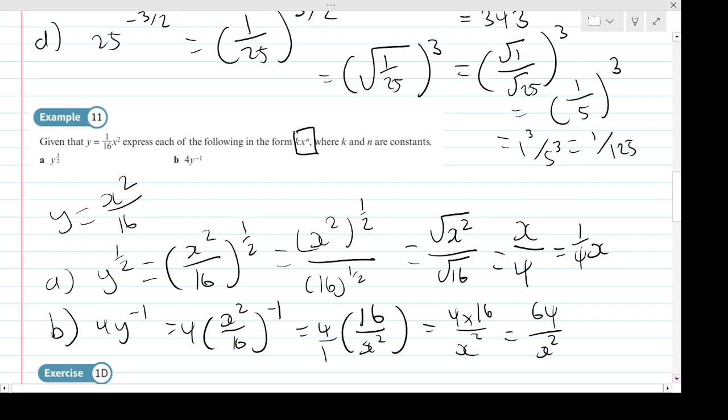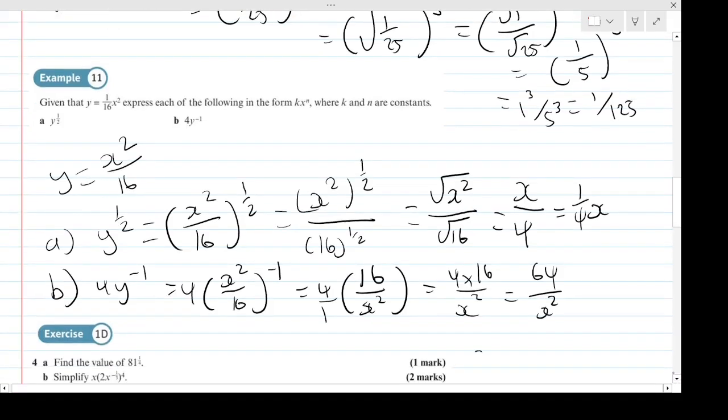We have a fraction here, so we still need to just get it as x without any fractions. But how are we going to do that? Well, you should recognise we can use the negative power, because x to the minus 2 is simply 1 over x squared, right?